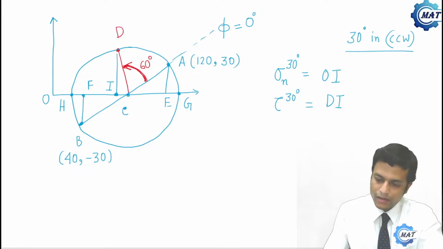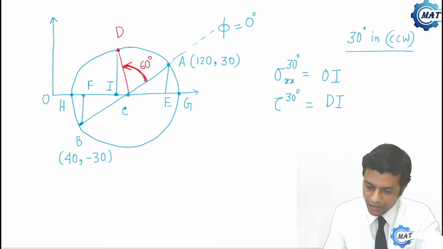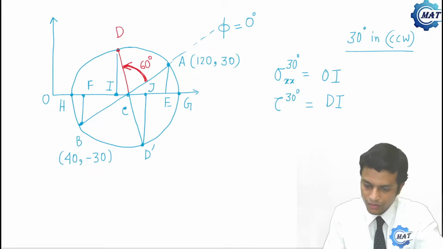We are finding both stress components, say sigma XX on 30 degree, and if we want to find out sigma YY, we have to take the complementary stress, that is this point D dash and this is J. So sigma YY 30 degree becomes OJ.